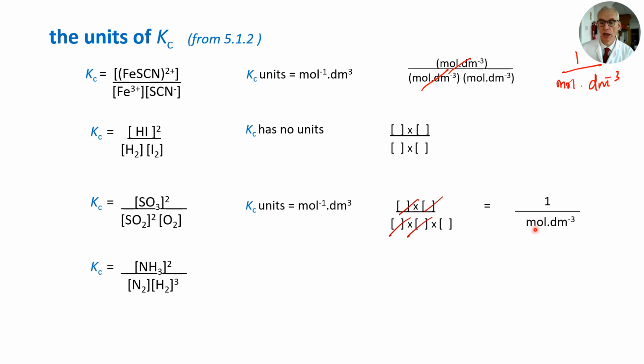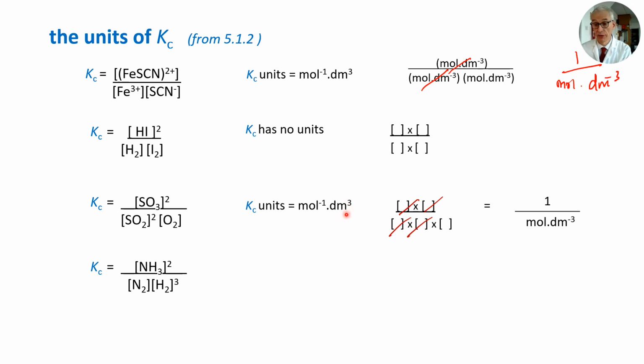So 1 over moles is written as moles to the minus 1. 1 over dm to the minus 3 is written as dm to the power of 3. Now, if you've been unsure about those, pause and make sure that you get the last one correct.